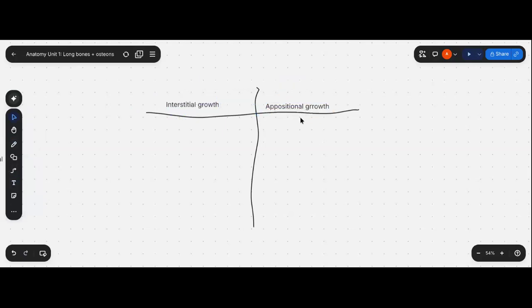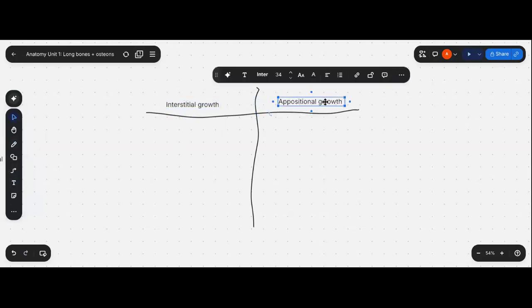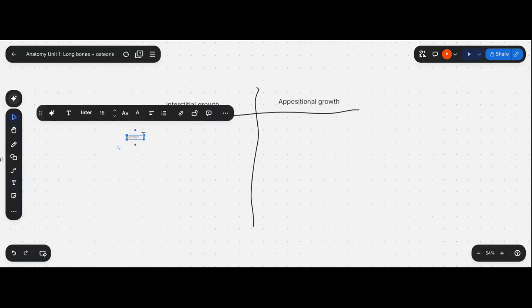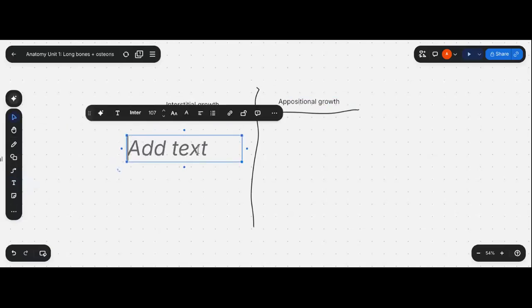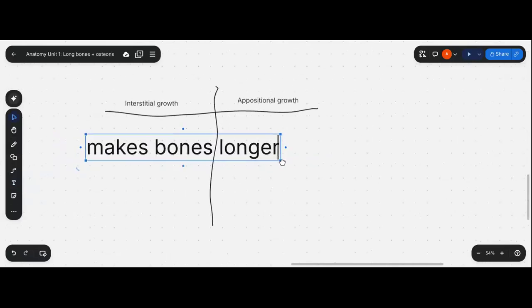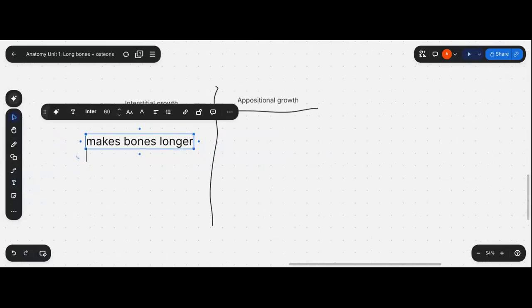Now, what happens in interstitial growth, oops, let me spell that right. What happens in interstitial growth is that it is basically making bones longer. And the way it does this is you have cartilage cells called chondrocytes.